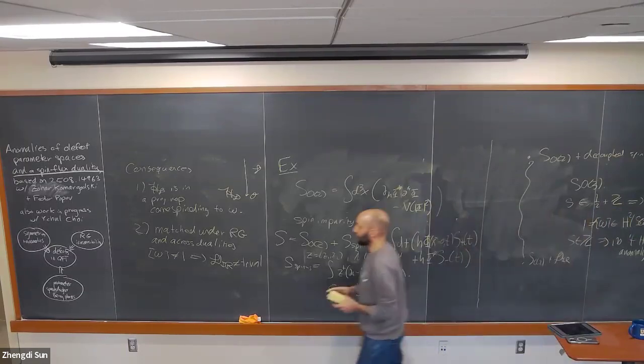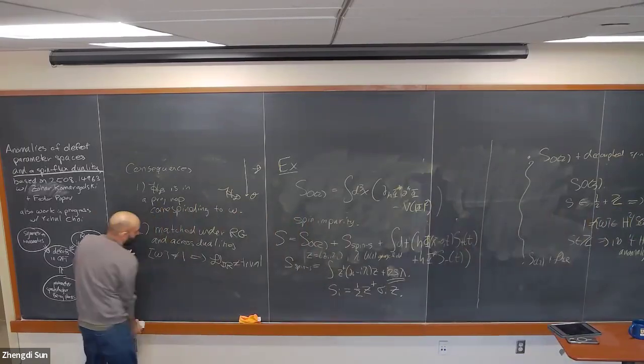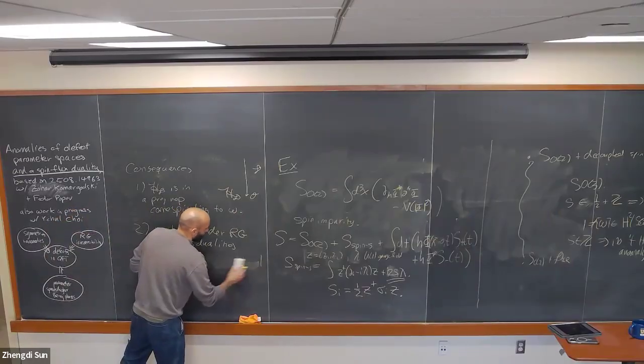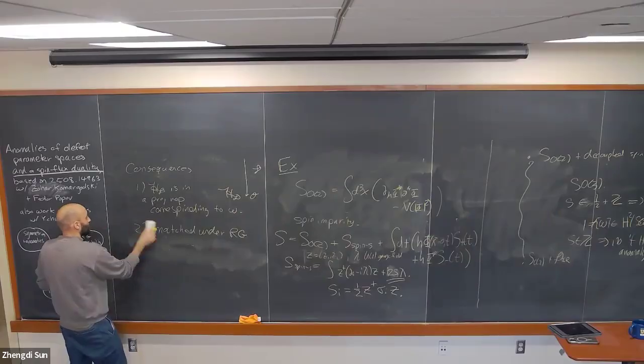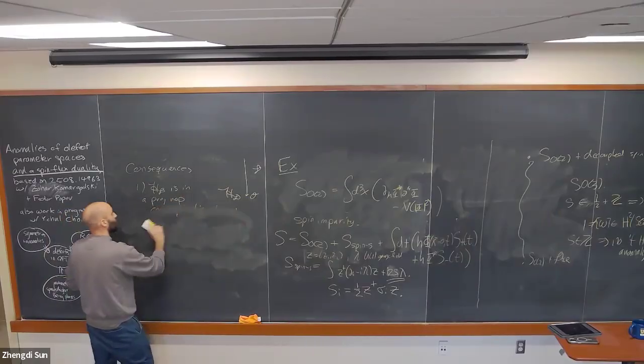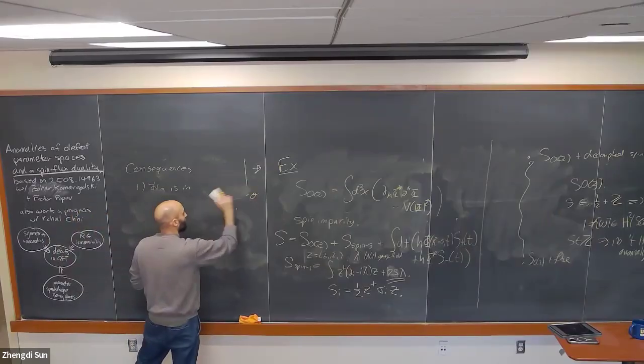So this conclusion wasn't as strong as the one that we were able to have for pinning field defects, because although the defect has to be non-trivial, a priori it could still be decoupled or topological or conformal, and so it'd be nice to be able to say a little bit more.